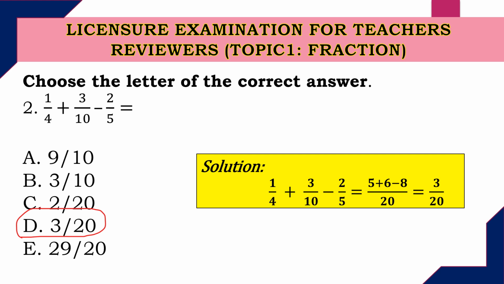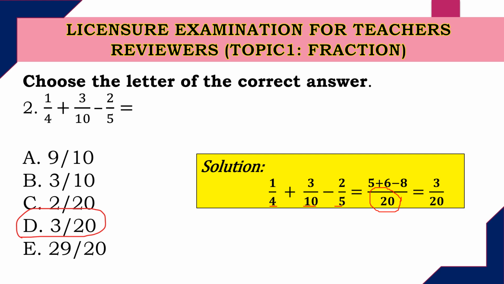Ngayon, ang tanong, papaano po nakuha yung 20 doon? Yung 20 po dyan, that is the least common multiple of 4, 10, and 5. Kapag sinabi po nating least common multiple, ito po yung pinakamaliit na number na pwedeng i-divide nitong tatlong numbers na 4, 10, and 5.